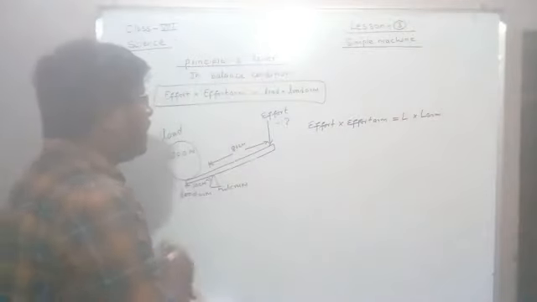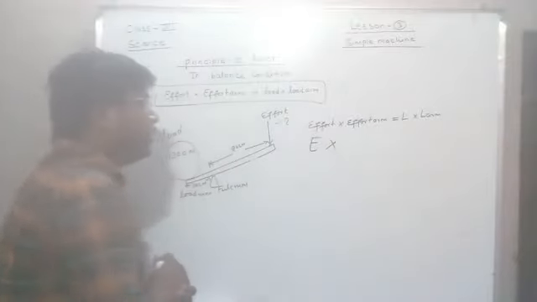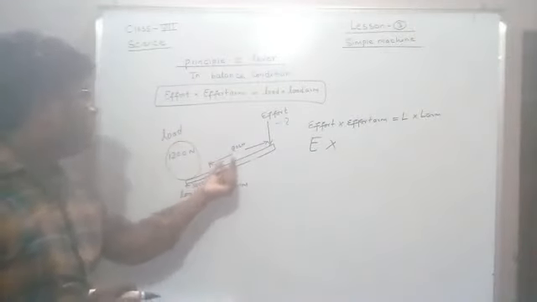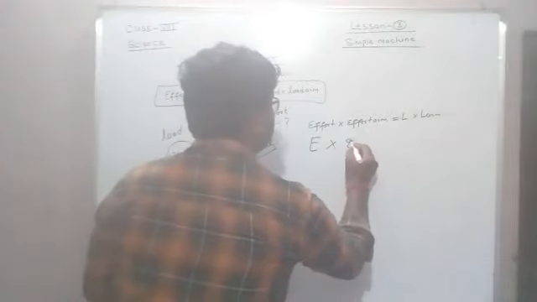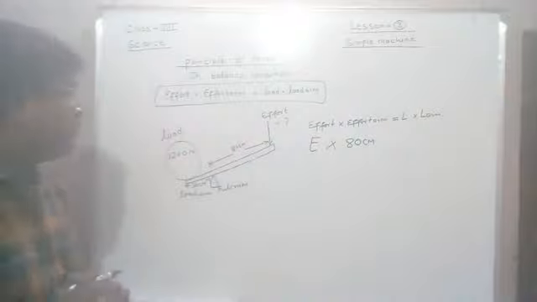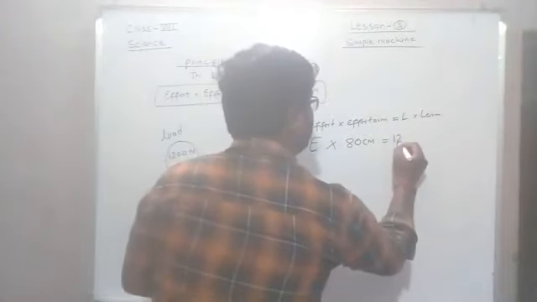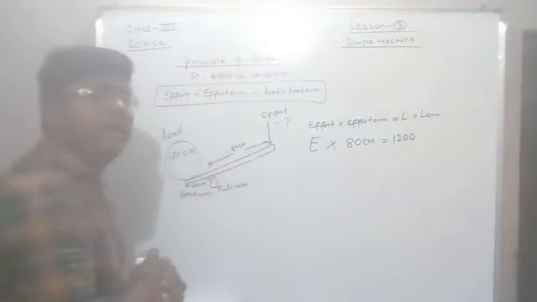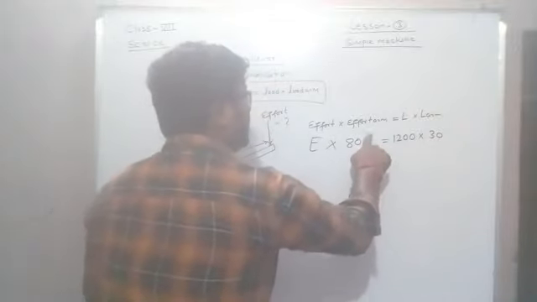Effort we don't know, so E for effort, into effort arm 80 centimeter, equals load 1200 into load arm 30. The unit we will write at last.